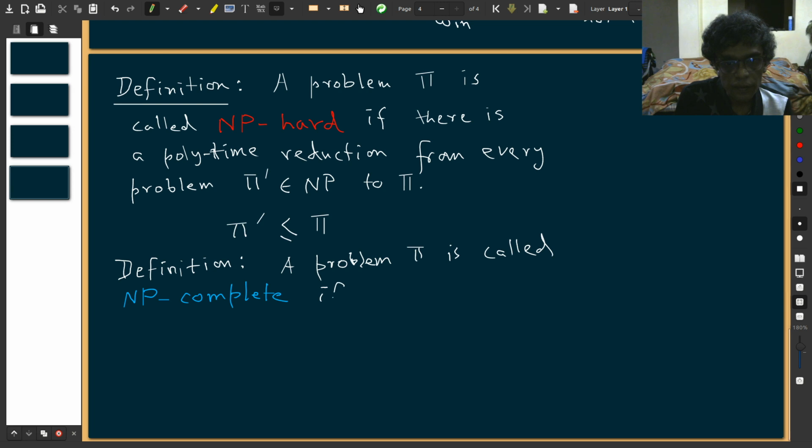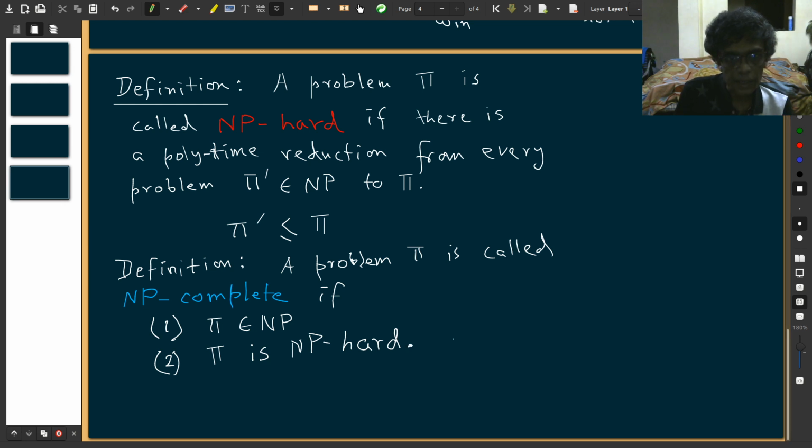if following two holds. One, the problem pi is itself in NP. Two, pi is NP hard. Okay. So, NP hard problems may remain outside the complexity class NP itself.